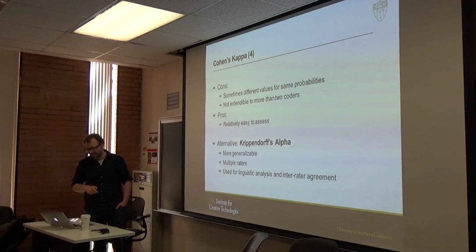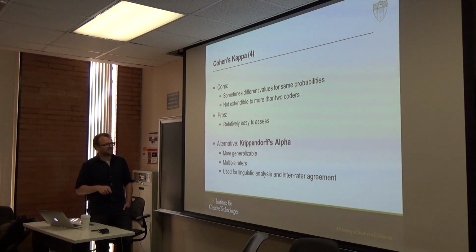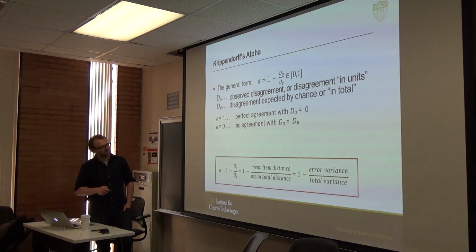If you want to expand that, we can utilize Krippendorff's alpha, which allows you to have multiple raters and is more generalizable for ordinal, nominal, and continuous values. So you have a lot of flexibility here. I think we'll mostly talk about this next time, but I don't want to rush through it.